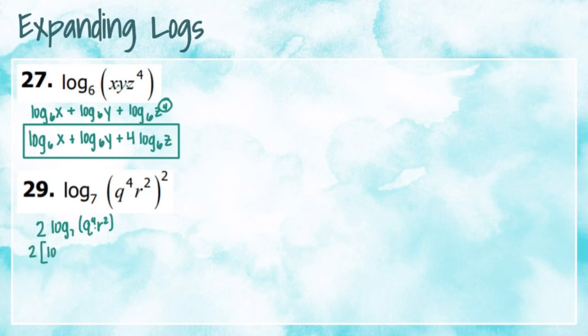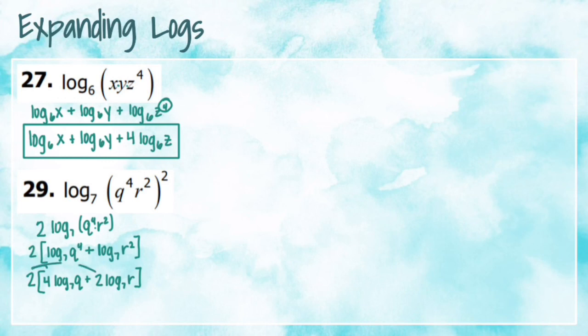So then we're going to have log base 7 of q to the 4th plus log base 7 of r squared. Then we have to bring down the exponents. So we're going to have 2 times 4 log base 7 of q plus 2 log base 7 of r.